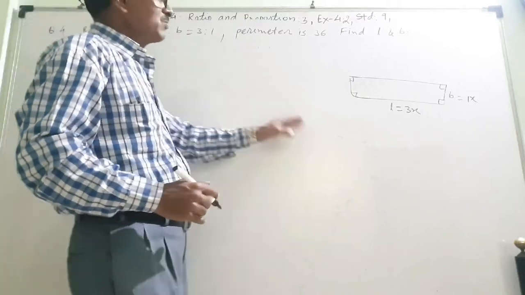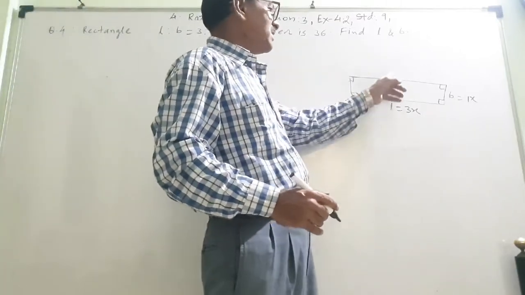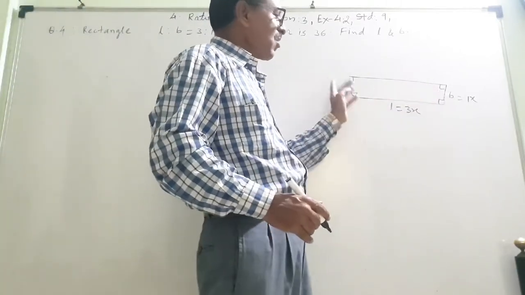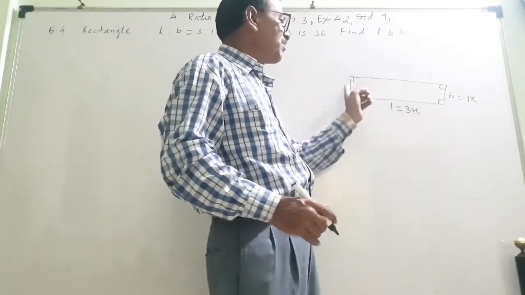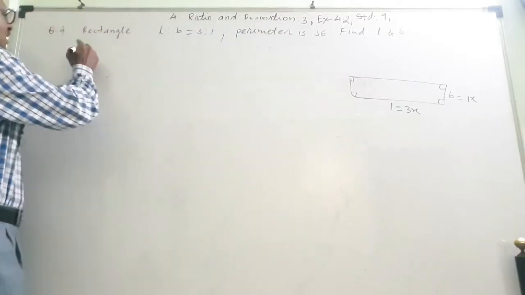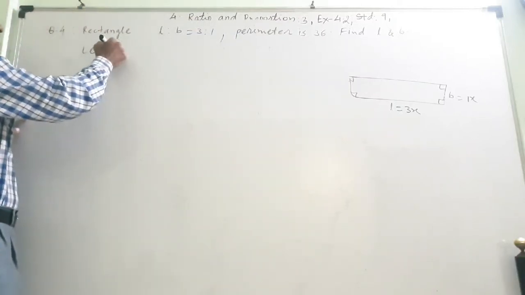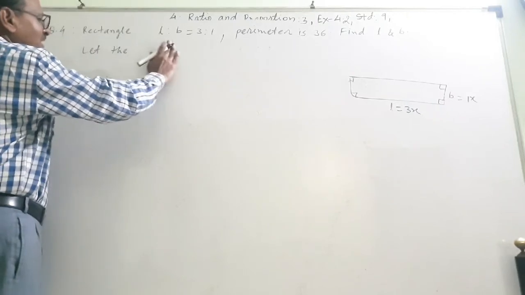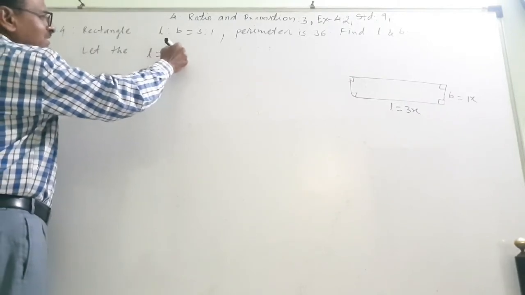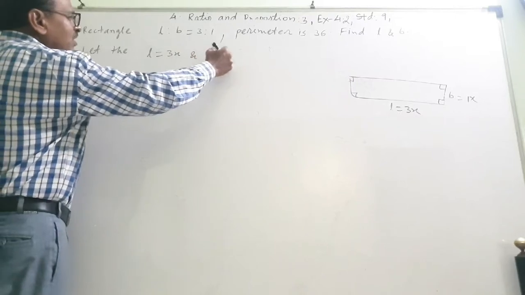Now perimeter means what? This plus this plus this, all the addition. That means 2 times of length and 2 times of breadth. So let L equal to 3x and B equal to 1x.